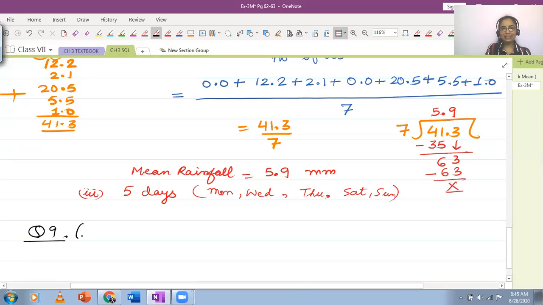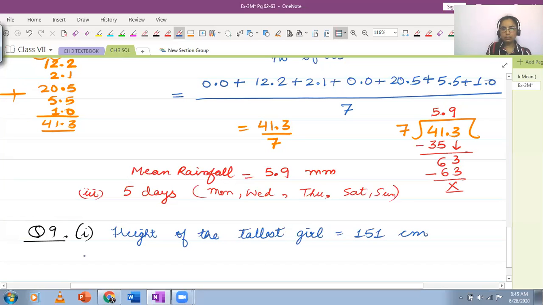Let's write the answer now. I'll be writing down with you. You can write down on your own if you want. So remember there are units. So height of the tallest girl is 151 centimeters. Second part, height of the shortest girl, as you told me, it's 128 centimeters.